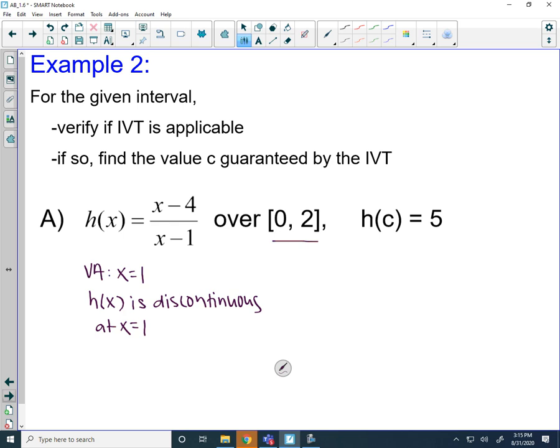So therefore, the function's not continuous on this closed interval, so IVT does not apply. The first of 2 conditions is not met. So again, if IVT doesn't apply, then I can't possibly find C guaranteed by the theorem because the theorem doesn't apply to this problem.